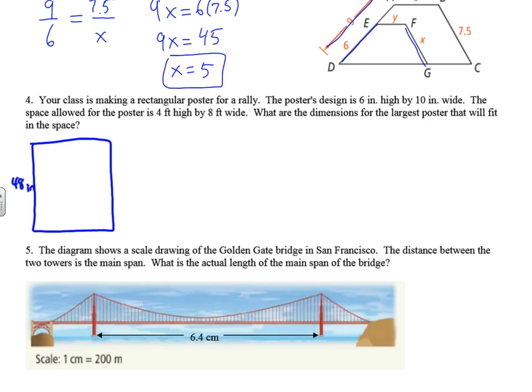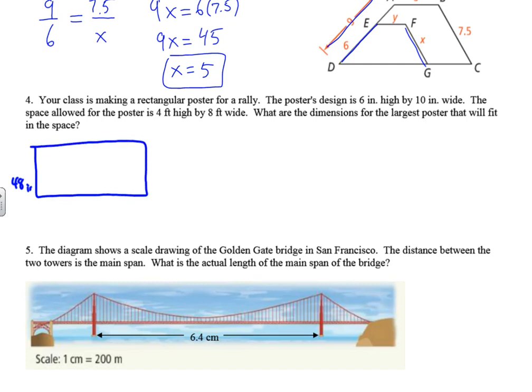This is not drawn to scale. By 8 feet wide. So let me redraw this just to make it look a little more realistic. Okay. So 48 by 8. So 8 times 12 is 96 inches.